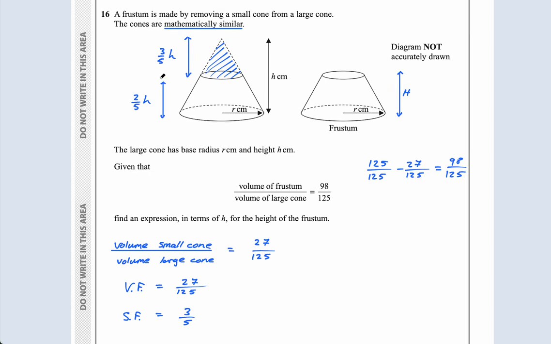So this is 3/5 of h, and this is 2/5 of h. It may not look like that. It actually looks like this is bigger, but it says diagram is not accurately drawn. So the height of the frustum is 2/5 h. Okay, obviously, guys, that's not an easy question. It's a challenging question, but again, hopefully that explanation makes sense.